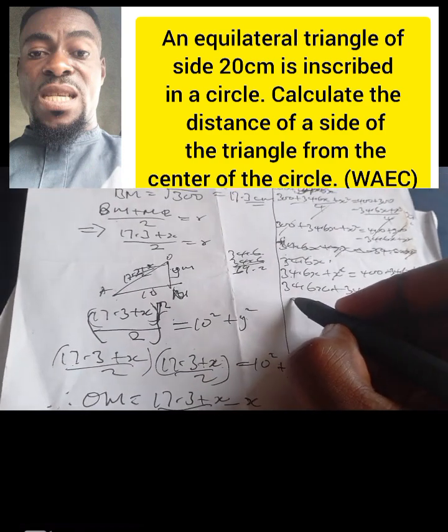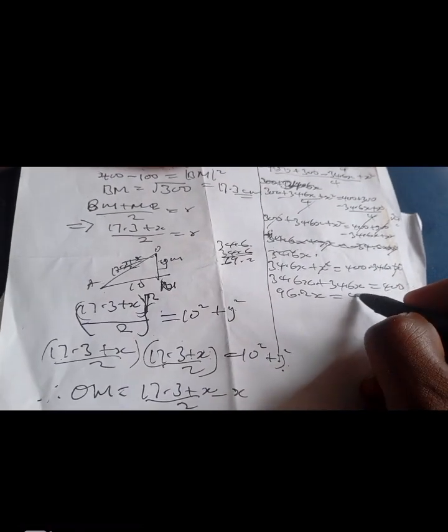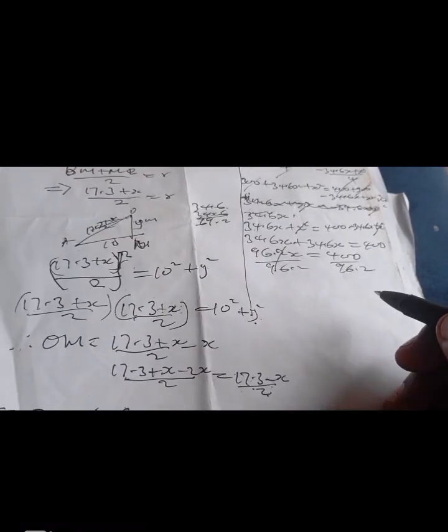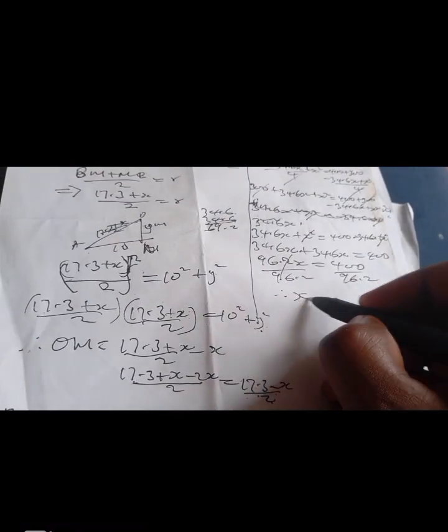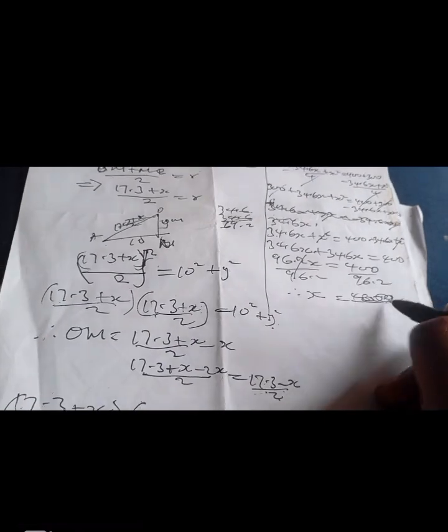And that will give us 96.2x is equal to 400. Then we divide both sides by 96.2. 96.2 will cancel 96.2. Therefore, our x will be 400 divided by 96.2.